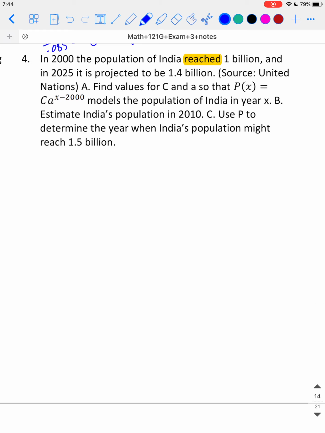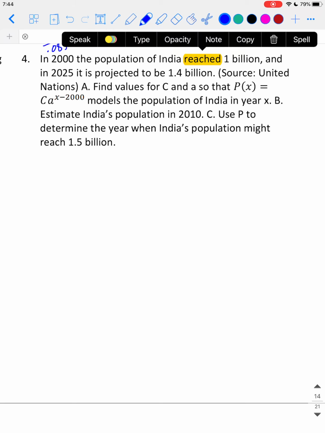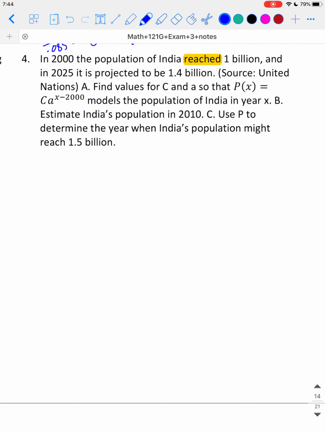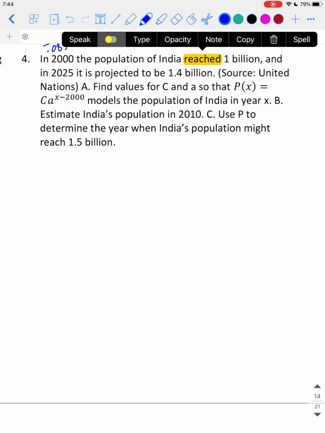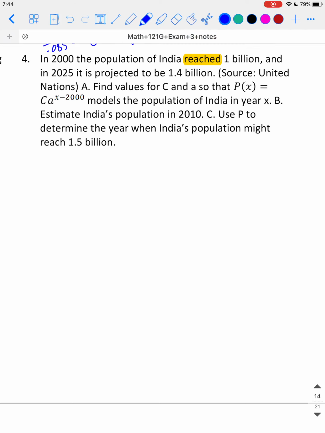Number 4. In 2000, the population of India reached 1 billion people. And in 2025, it is projected to be 1.4 billion.